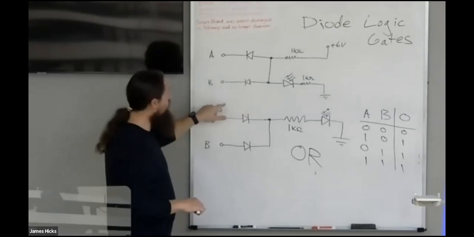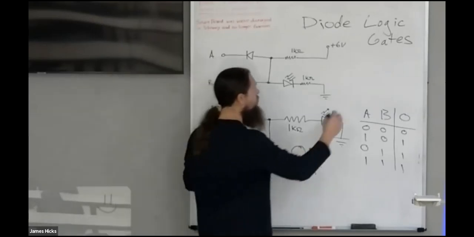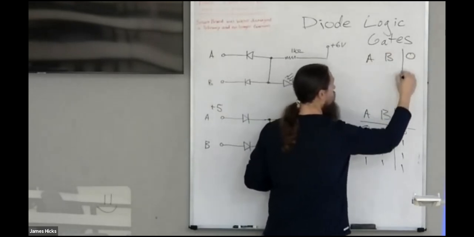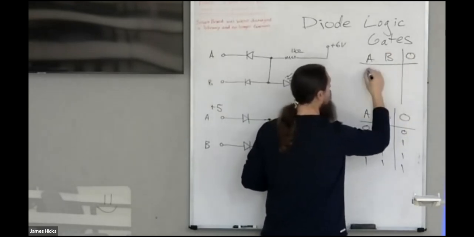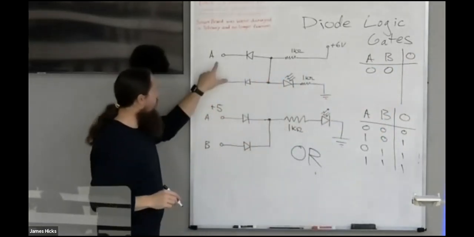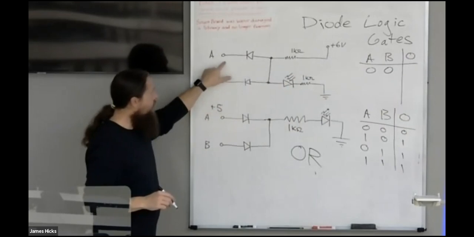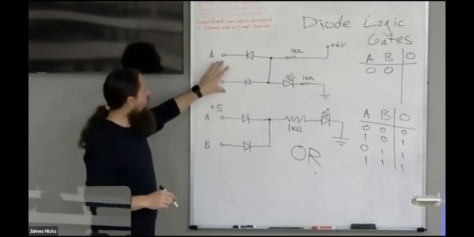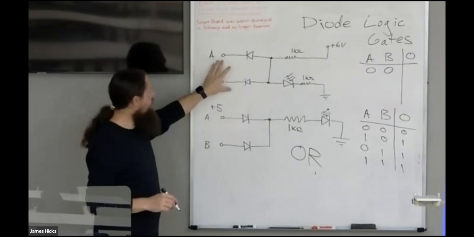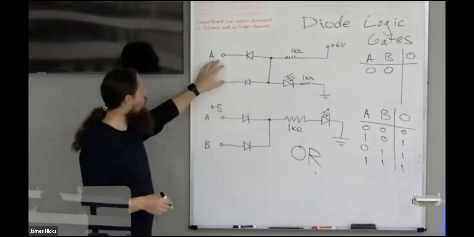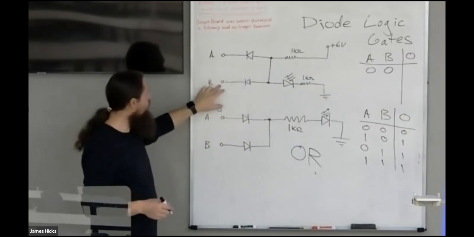The top one is a little bit trickier to go through. Start with the case where both A and B are 0, so they're low voltage. You can think of logic level low as having a path to ground. So A and B are both low.